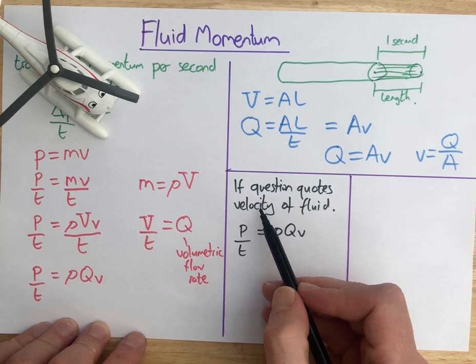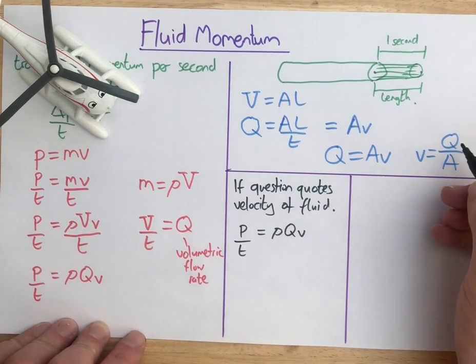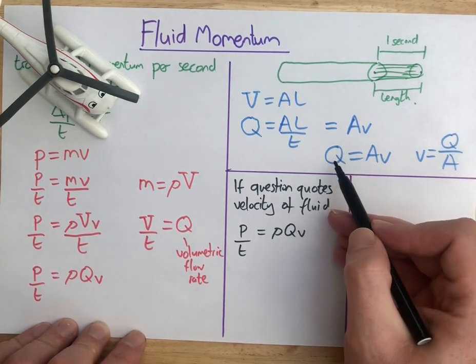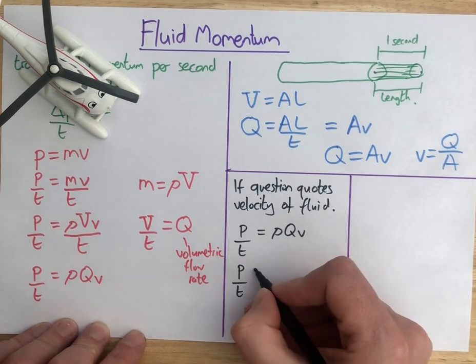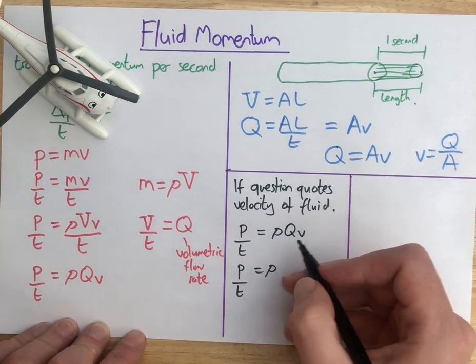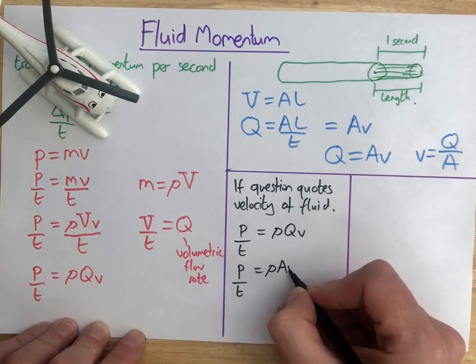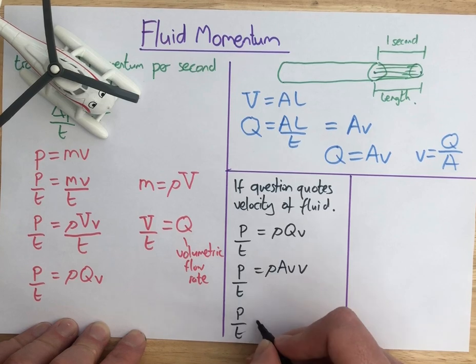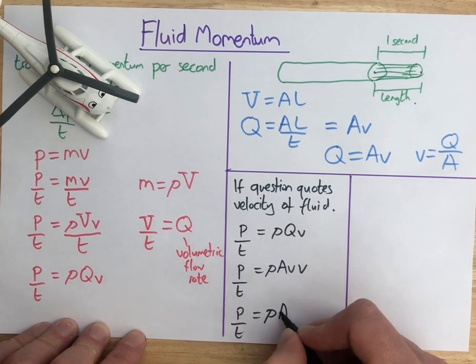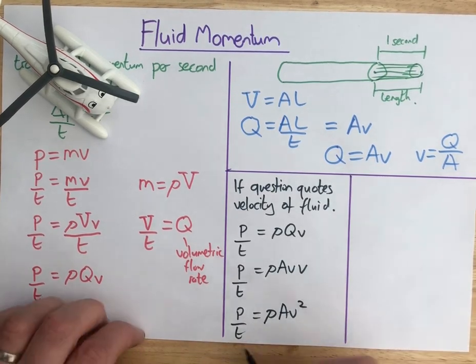If I'm given the velocity, I don't know Q, but I can substitute in for Q, because Q is A times v. So that means I get rho times A times v times v again. So this simply comes down to be rho A v squared. Really simple.